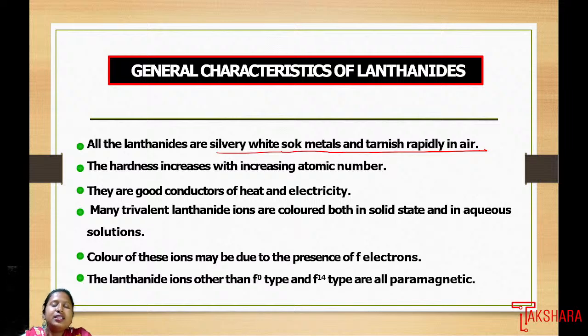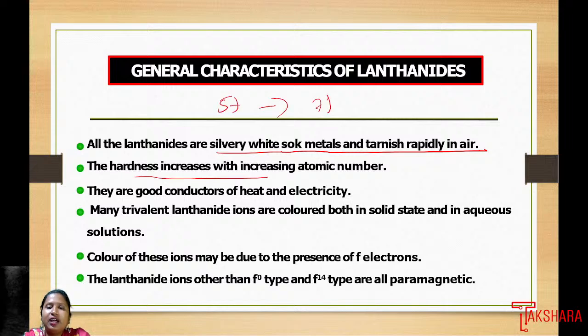Then the hardness increases with increase in atomic number. So from 57 to 71, the element with atomic number 57 will have less hardness than the element with atomic number 58. As the atomic number increases, hardness also increases.